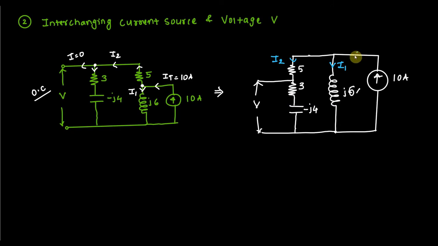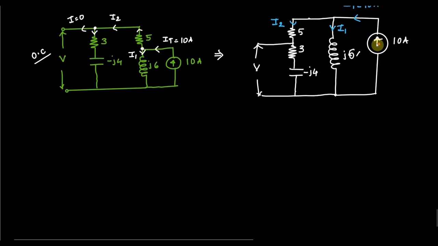Now you know the total current IT here, so you can easily find out the last answer. We will again apply the current division rule here. If I want to find this voltage V, first I have to find this current I2. So what is the value of I2?